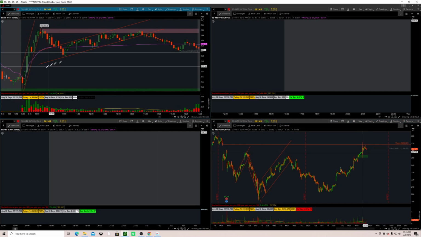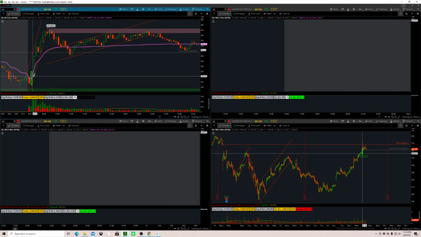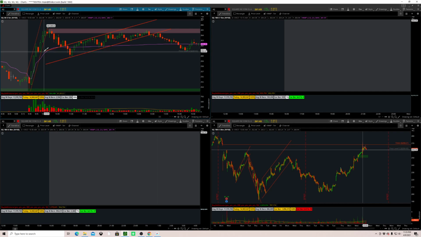So price opened up. I wouldn't have taken this trade, and the plan would have been, after the first 10 or 15 minutes, if price double bottoms in here, take this trade. It's very tricky to take this trade.